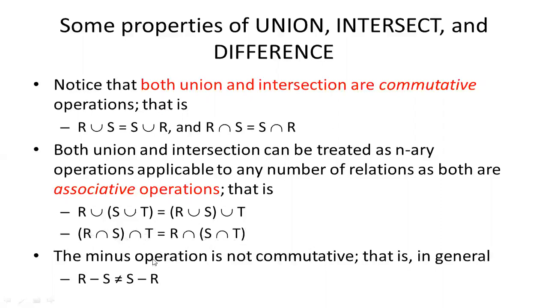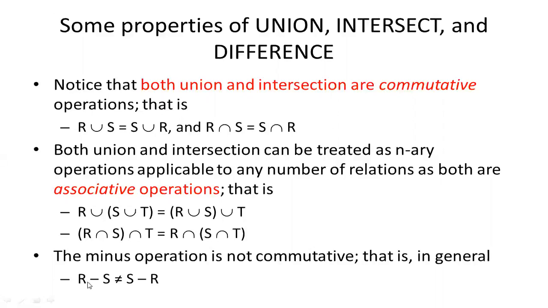Okay, so the next one is that the minus operation is not commutative. In the minus operation, you are subtracting the set of rows or tuples that exist in the second relation from the left hand side relation.